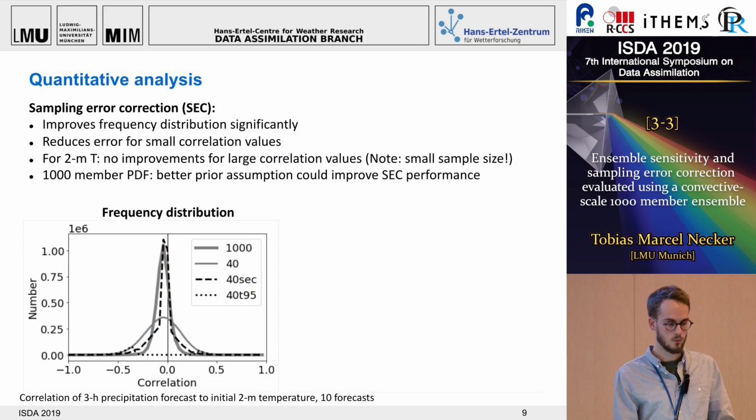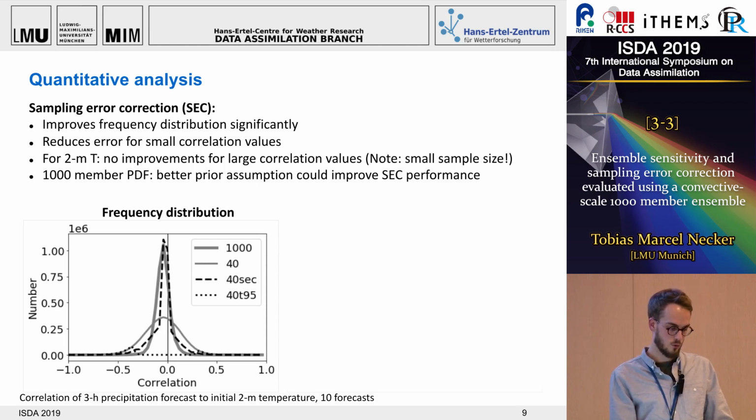So how is it if we now look at larger statistics, not only one example? What you can see here is the frequency distribution as a function of the correlation value, again for the example pair that we showed before, precipitation correlated to 2-meter temperature. You can see that the probability density function is shifted towards negative values, which agrees with the negative correlation we saw before.